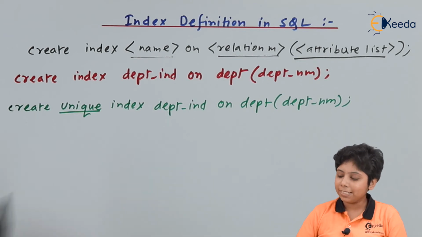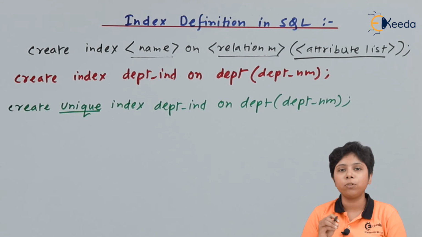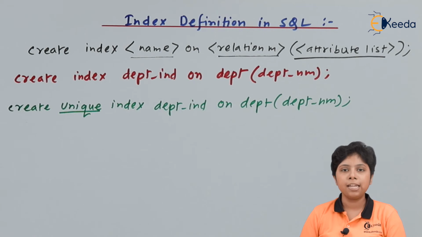Likewise, if I make this unique index department index and there is already a duplicated department name, then it will cause an error and fail to create the unique index department index, telling that the index is violating the unique constraint.